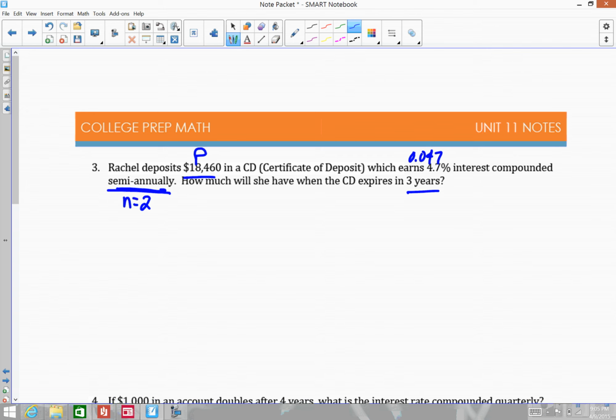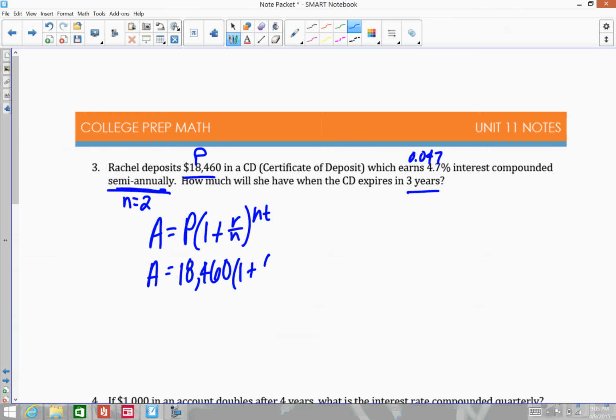So again, write your formula. So we have the principal, 1 plus 0.047 over n, 2 to the t, which t is 3.